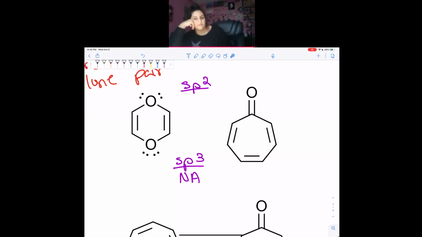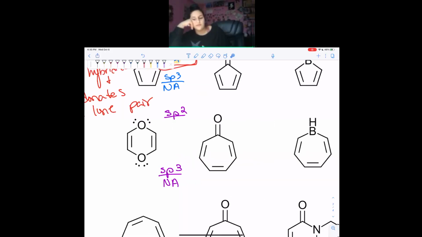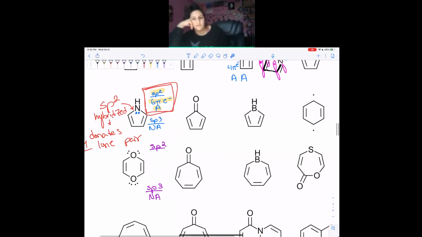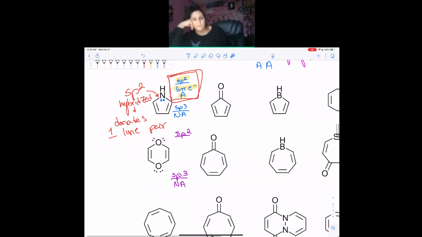What do we think? I'll zoom out so you can see the other examples that we did. Okay, so all right, so let's talk about it.